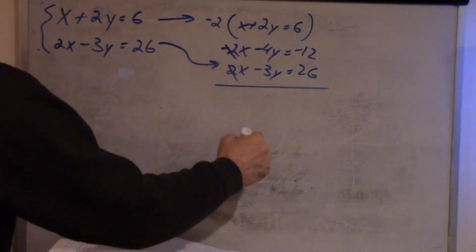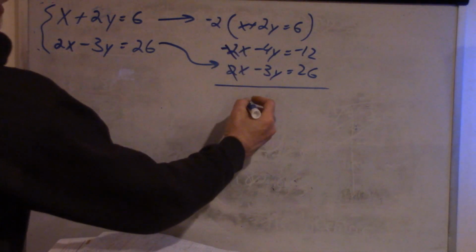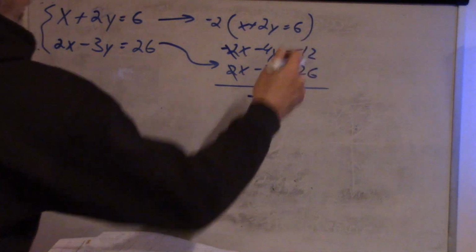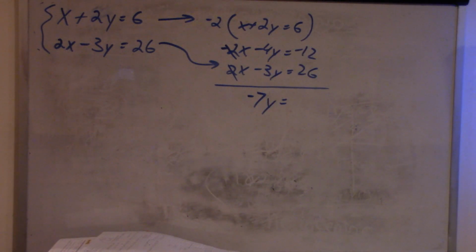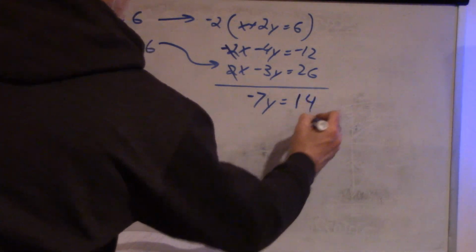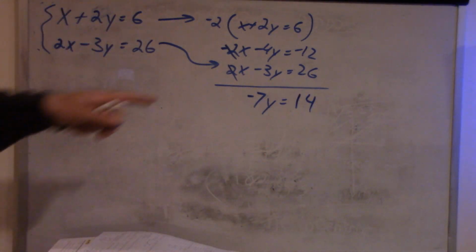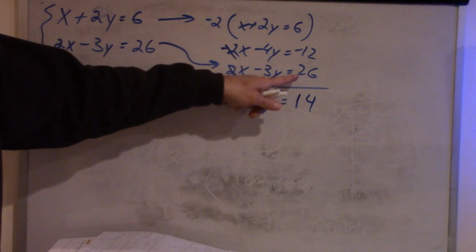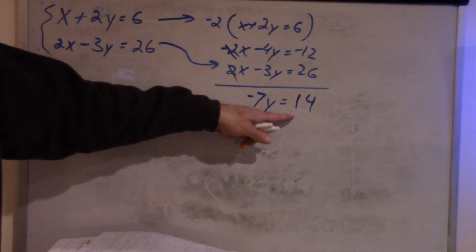They cancel. -4 and a -3 is going to be -7y equals, and a -12 and a +26, what do you do? You subtract, right? So we're going to get 14. The difference between 26 and 12 is 14, just the absolute value.